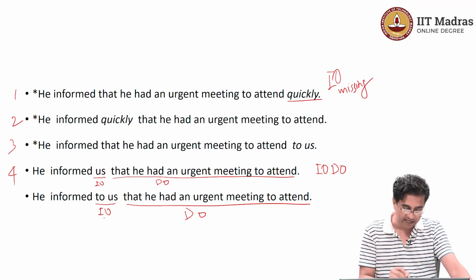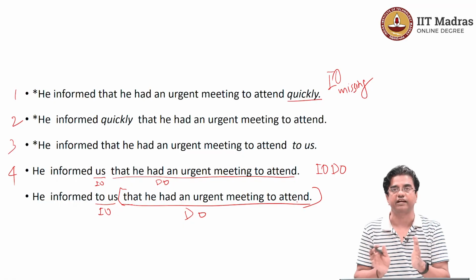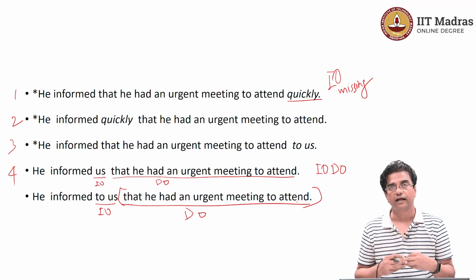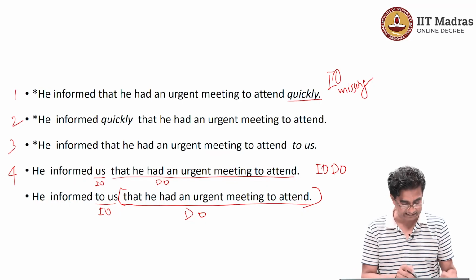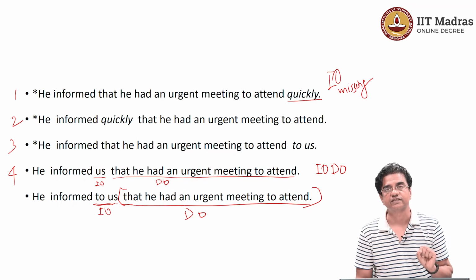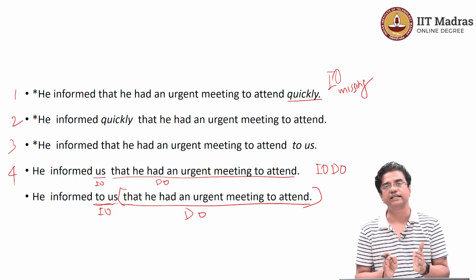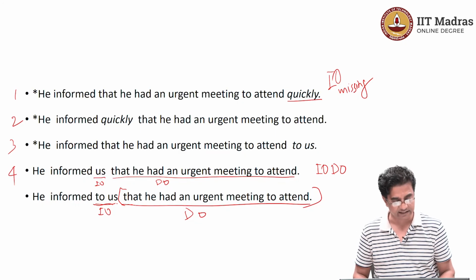But when we have a direct object with a that-clause, that is a heavy direct object, and by heavy we simply mean a full sentence as direct object. In that case, the indirect object with preposition can precede, because heavy elements are only stacked towards the end in English sentences.